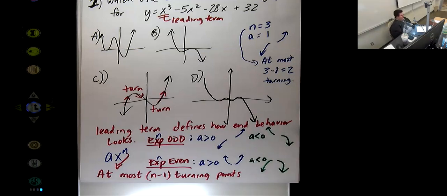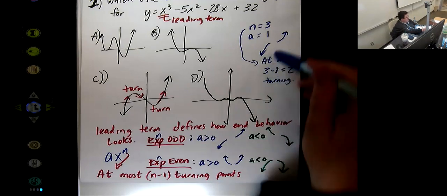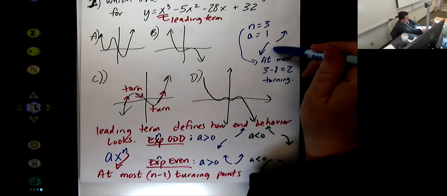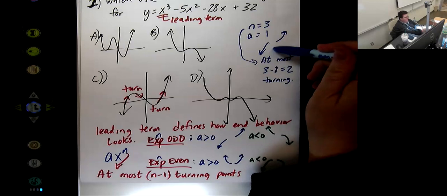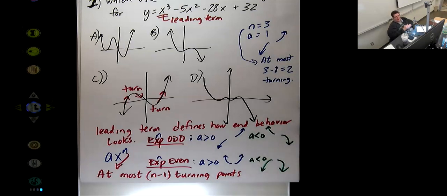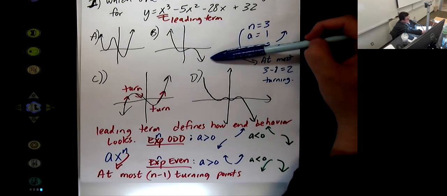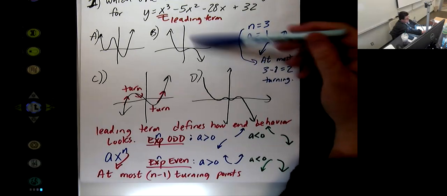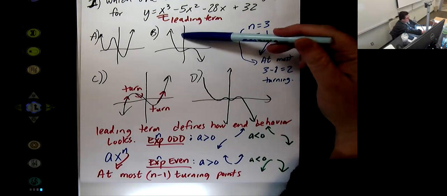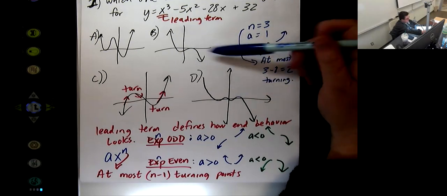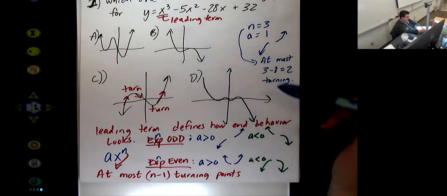Now, the first piece of information was all we needed, because there's only one of them that is doing this. But just in case they threw more in there, like if it was going up on the left and down on the right, B and D both go up on the left, down on the right, and then we have to count the number of turns.